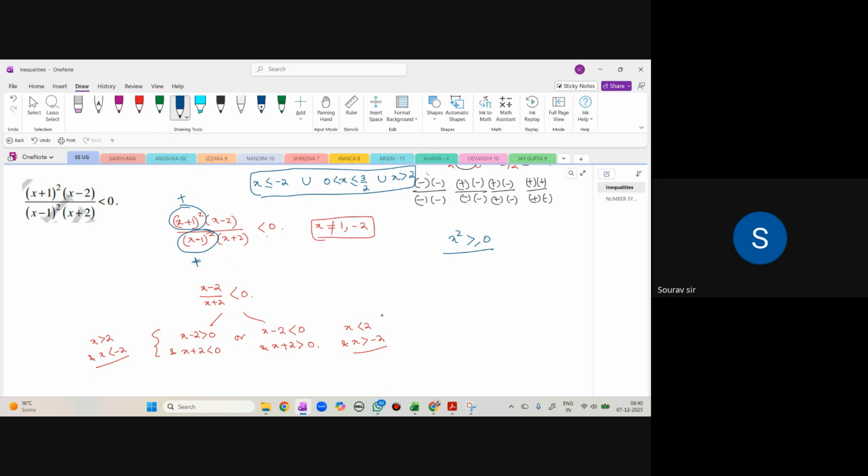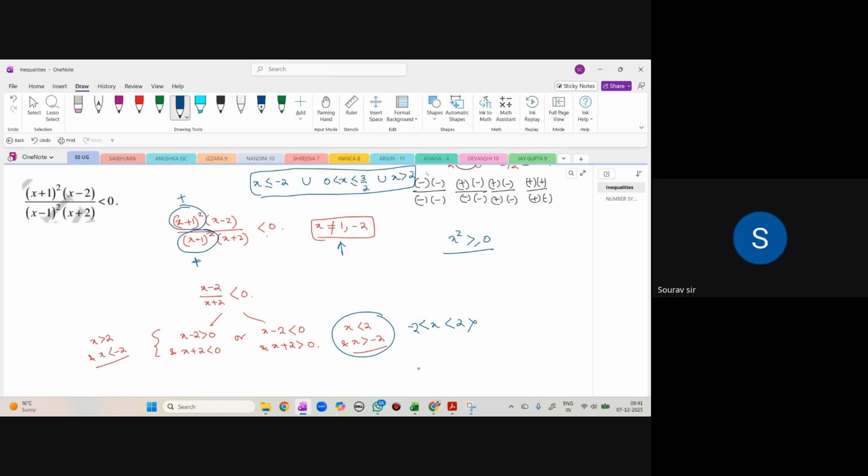Yes. So this combines together to give you x greater than minus 2 and less than 2. But there is a restriction here. X cannot be minus 1, not minus 1, sorry, plus 1. It cannot be plus 1.